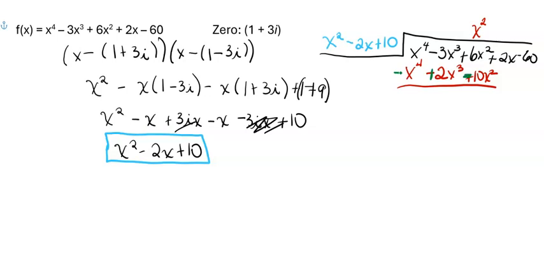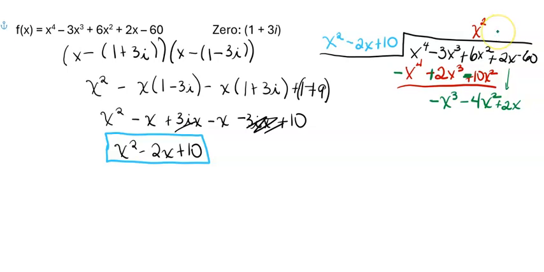X to the fourth minus x to the fourth gives me 0. Negative 3x to the third minus 2x to the third is negative x to the third. And then 6 minus 10x is negative 4x squared. Then I bring down the 2x. Now I need to figure out how to turn x squared into negative x to the third.